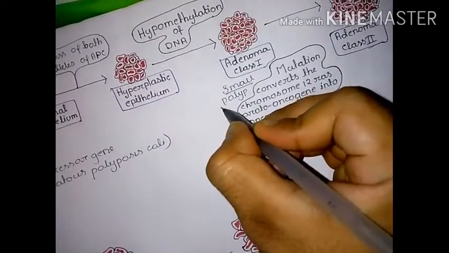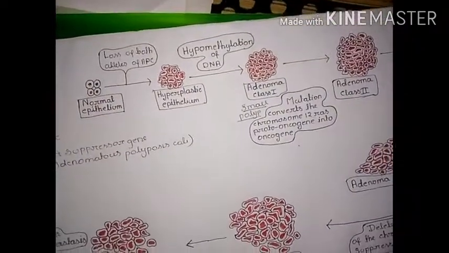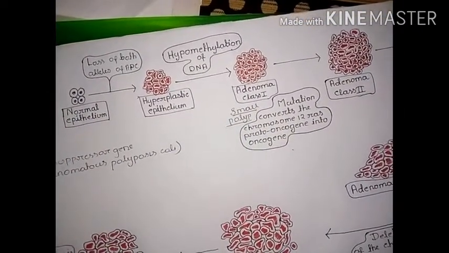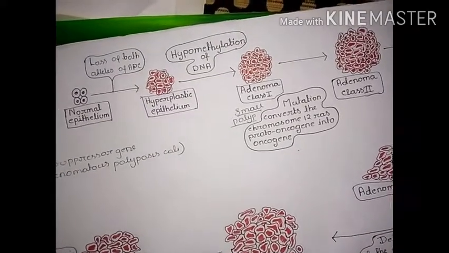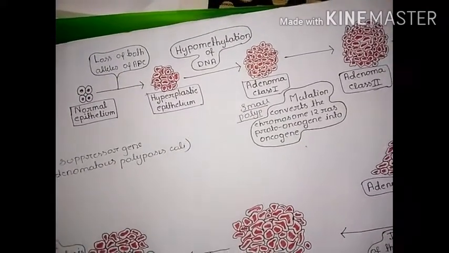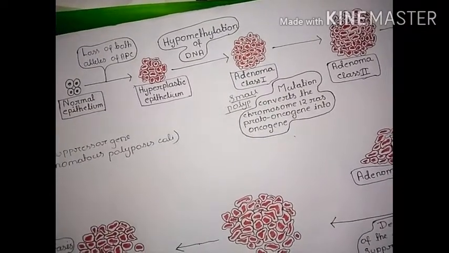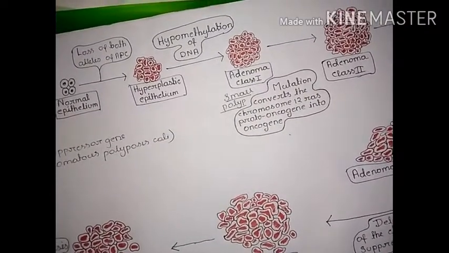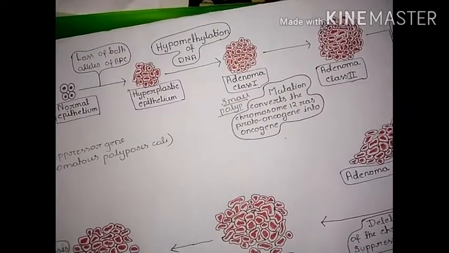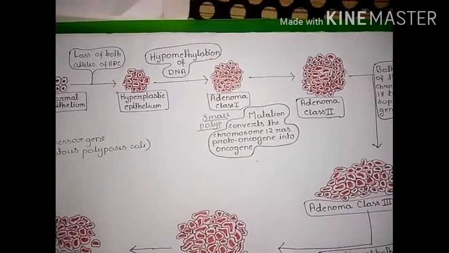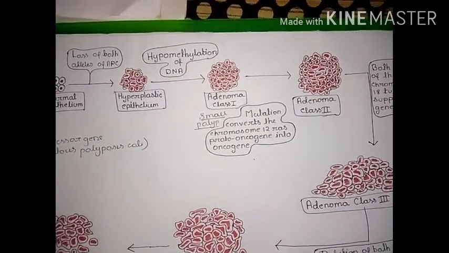It is a benign tumor. The hyperplastic epithelium is transformed into adenoma class 1 when hypomethylation of DNA occurs. Hypomethylation means a low amount of methylation in DNA.